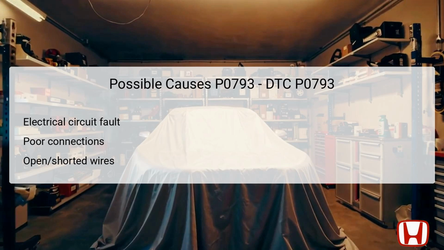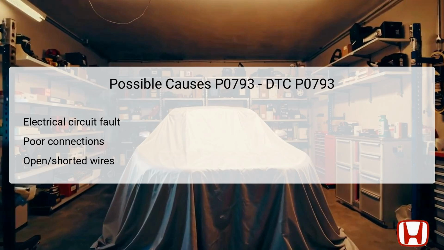Additionally, open circuits or shorted wires between the intermediate shaft speed sensor and the TCM could severely affect the sensor's ability to relay accurate rotational speed measurements. To accurately diagnose this issue, careful inspection of wiring and connections in the circuit is fundamental. It is crucial to rule out any mechanical transmission issues, since this DTC is strictly related to the electrical componentry associated with the sensor.